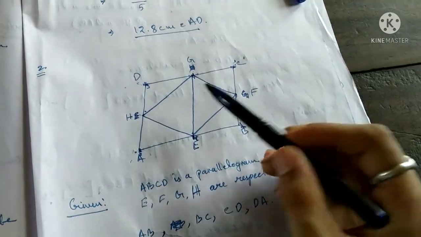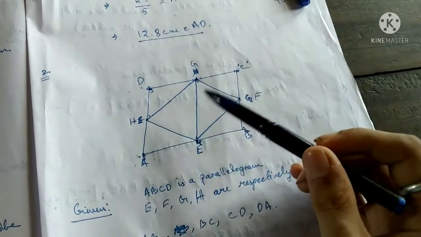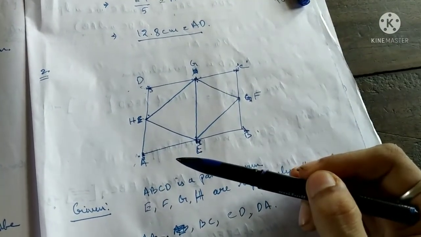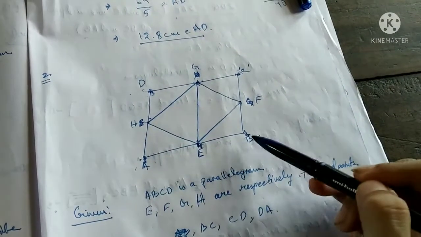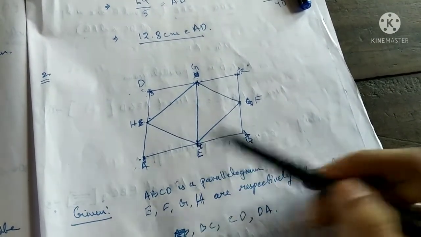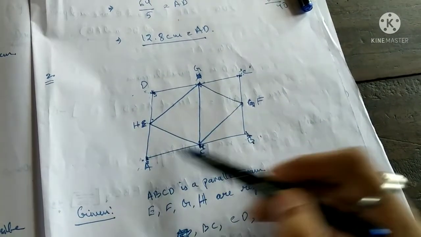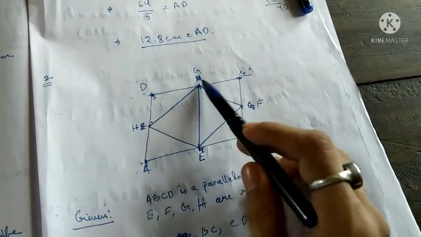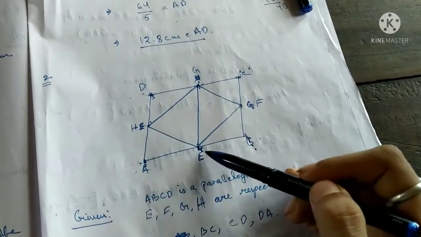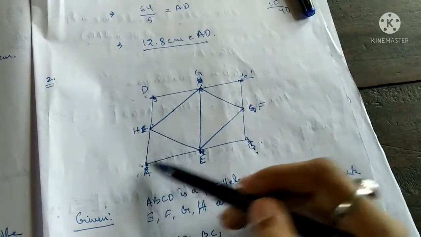Again, next I will say that DC is equal to AB, because in a parallelogram opposite sides are equal and parallel. Next I can write that twice DG equals twice AE.